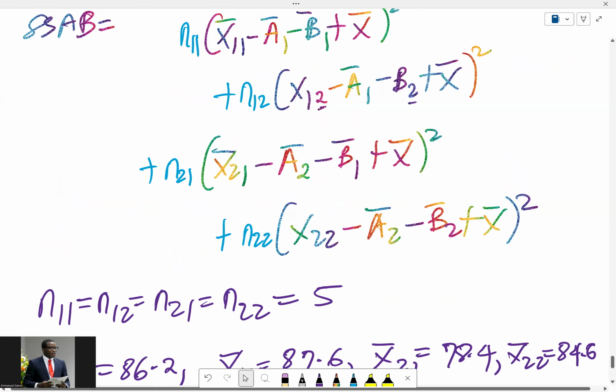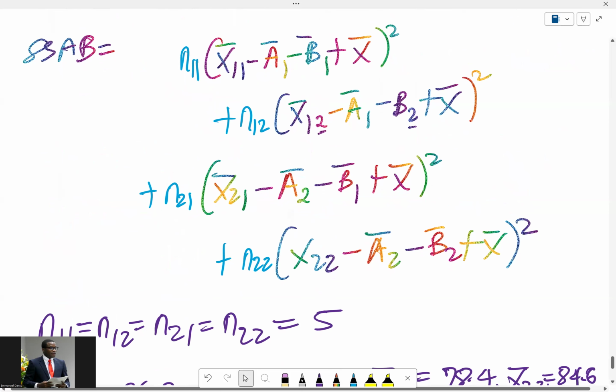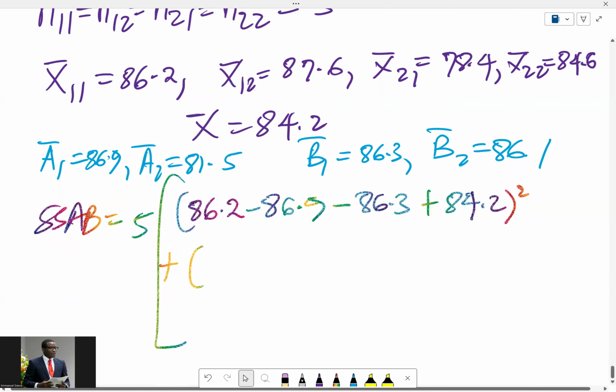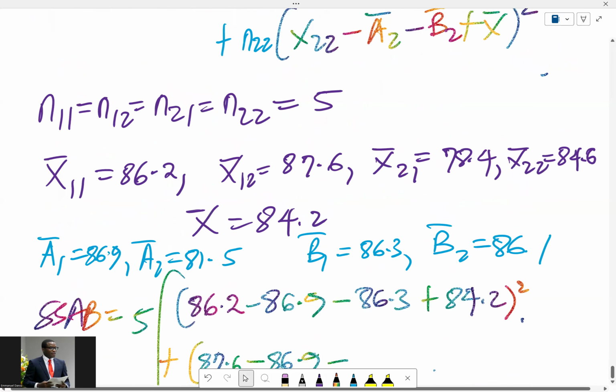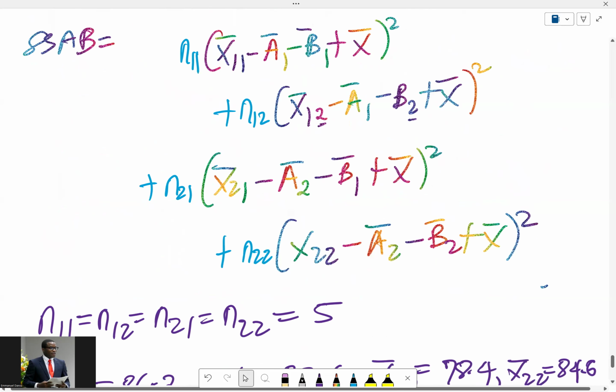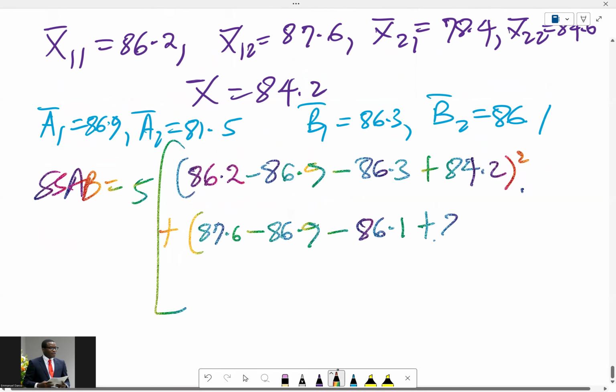The next one is x12 bar, that's 87.6 minus a1 bar, that is 86.9 again, minus, I believe this should be B2 now. Yep, that's B2 bar, 86.1, plus x bar, 84.2, all squared.